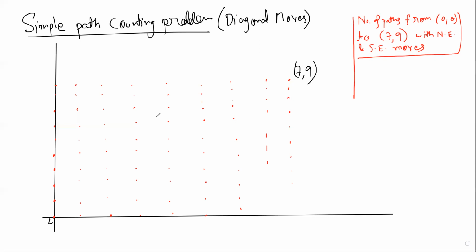If it was like 8 comma 0, then it would be an equal number of northeast and southeast moves, right? So basically, if you want to figure out how many northeast and southeast moves will be needed, how many of each move can that be said, and if it can be, then what is the exact number?